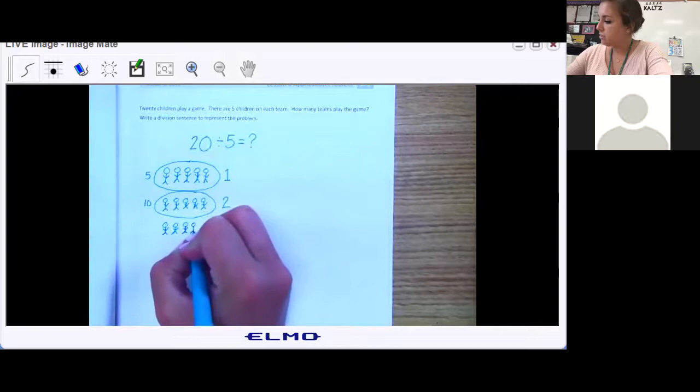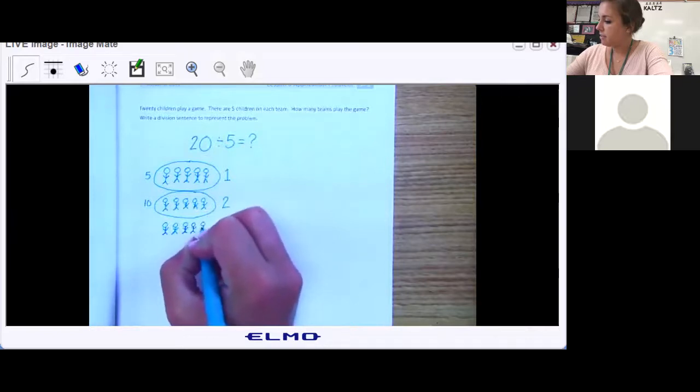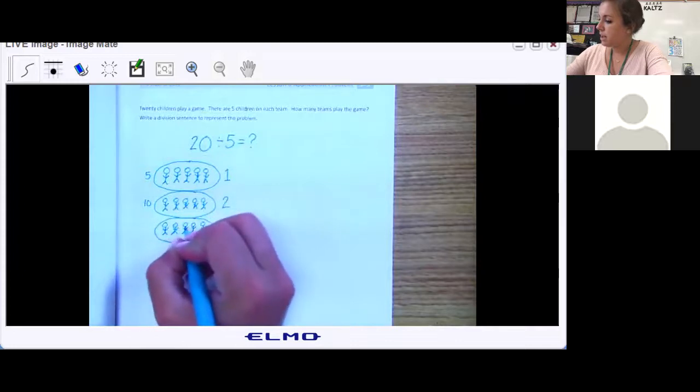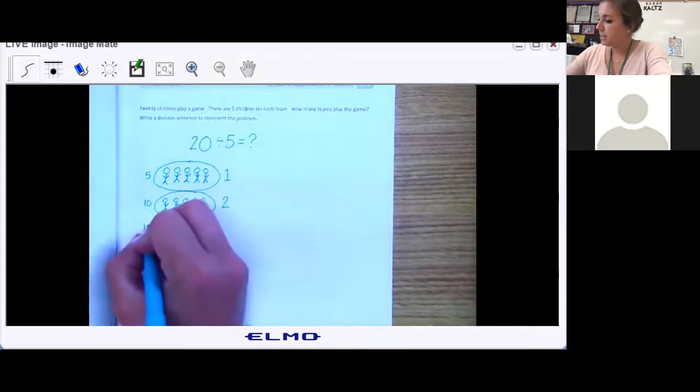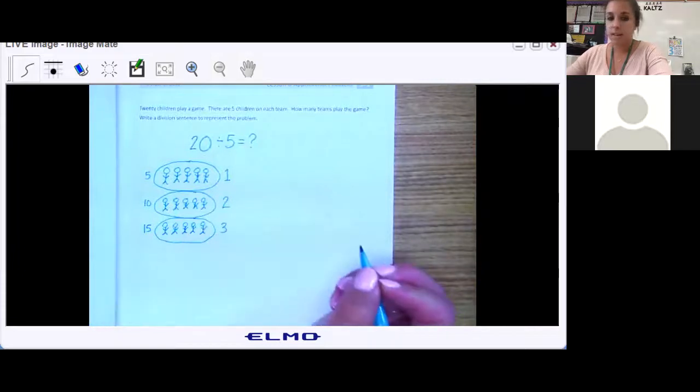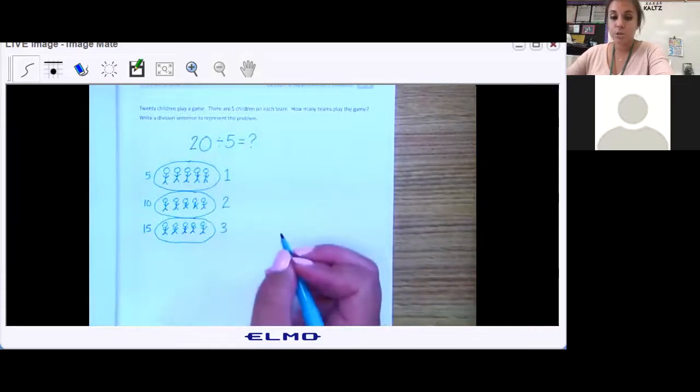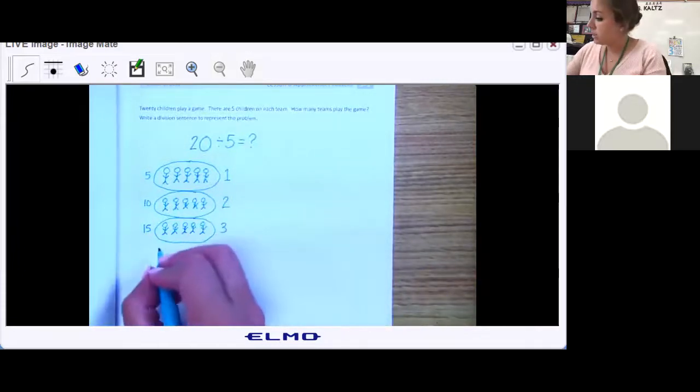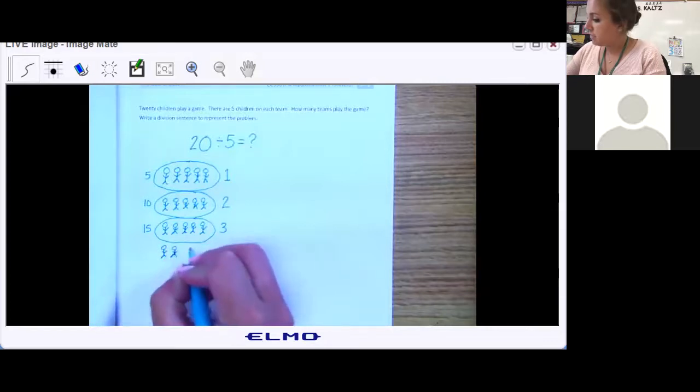Here's another group of 5. So that's 11, 12, 13, 14, 15 kids total. So that's team 3. All right, I should have enough children for one more team. So let's see if I can fill in another team with 5 more children.